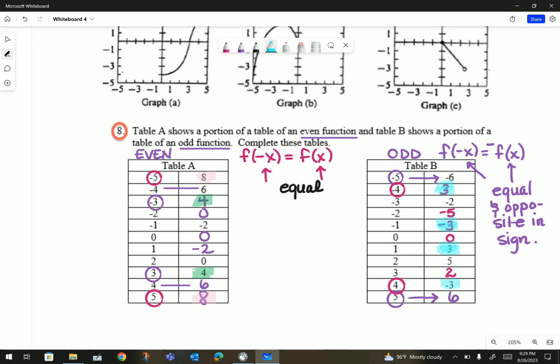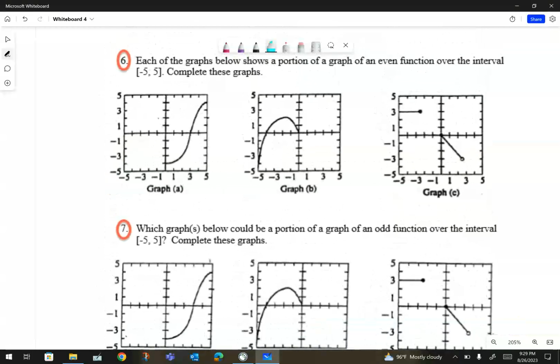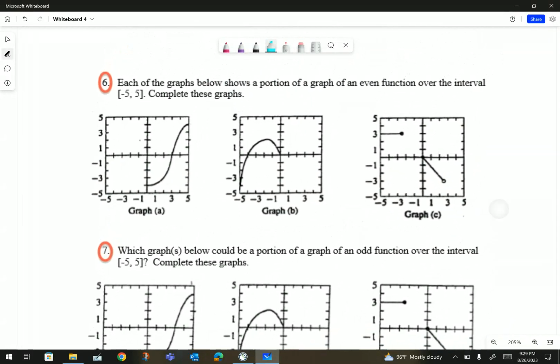All right. Okay, so let's now come on up here. We'll go back to the front eventually. So here there are 3 graphs, and you needed to show a portion of the graph of an even function over this interval. So they gave us a portion and they wanted us to draw the other portion, okay?